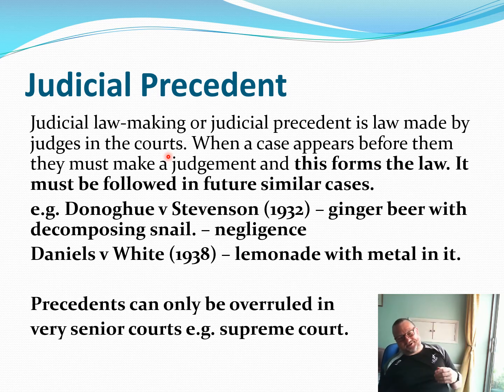Donahue sued Stevenson, I think it was that way round, and the judge argued that this was negligent. The manufacturer of the ginger beer should have ensured that the process of making the ginger beer was such that decomposing snails didn't get in there, and they had a duty to ensure that was the case. Therefore, they were guilty of negligence, and therefore they received a fine, whatever they got.